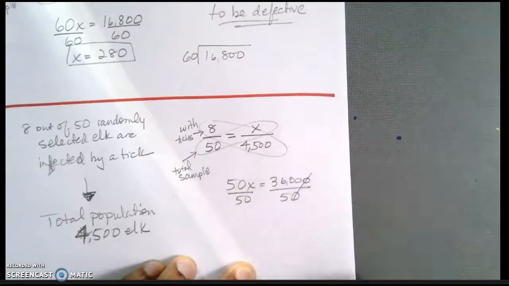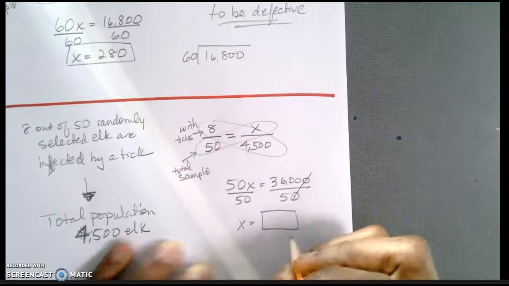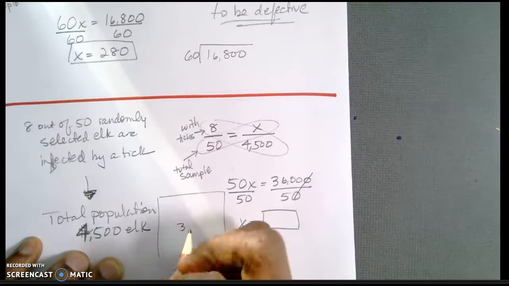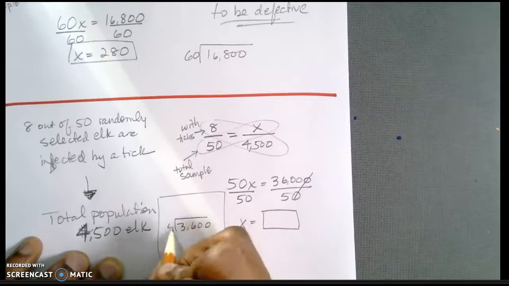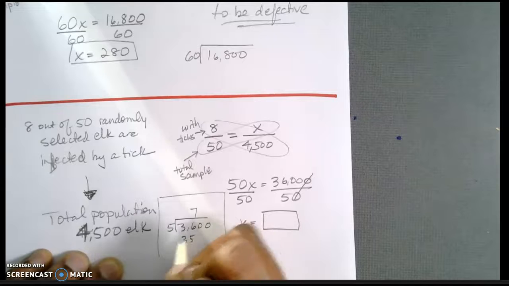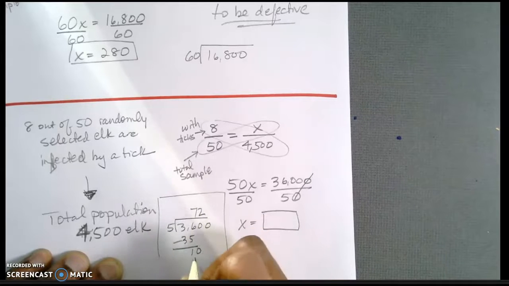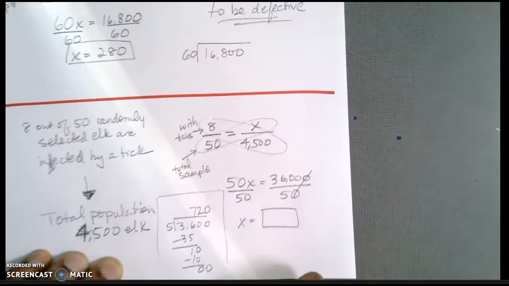I'm going to cross-simplify my zeros. X is going to equal some number, which I will fill in. What I'm doing down here is dividing 3,600 by 5. When I divide that by 5, it becomes that. Multiplying that by 2 gives me 10. I'm now down to 0. The only thing left is 0, so I'll put 0 up here.